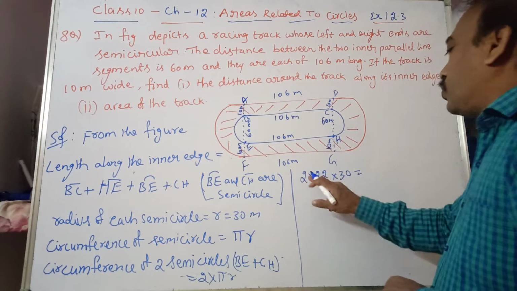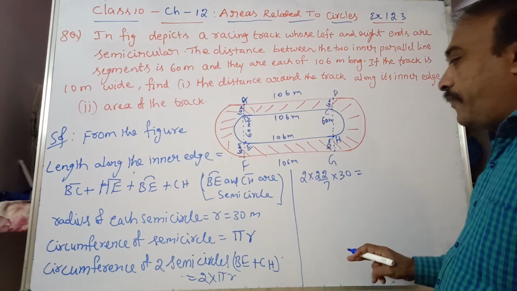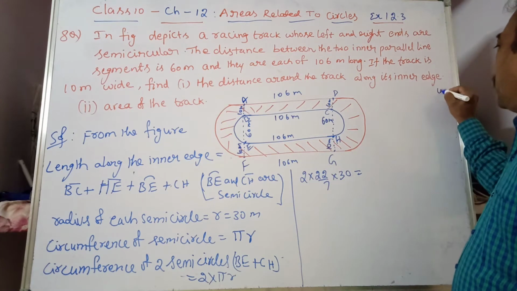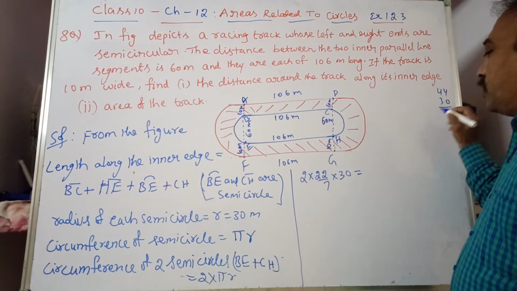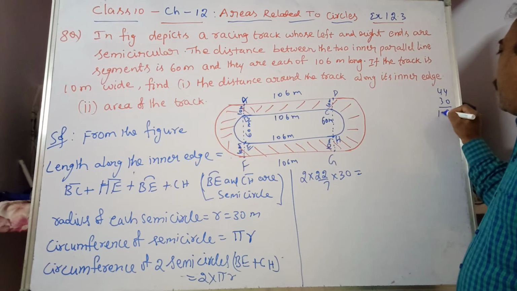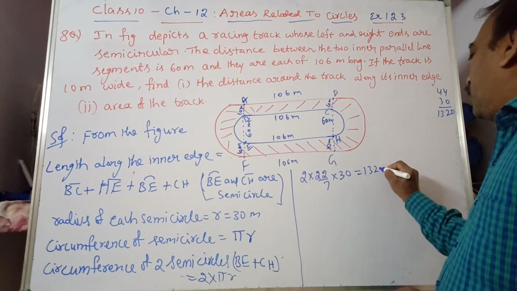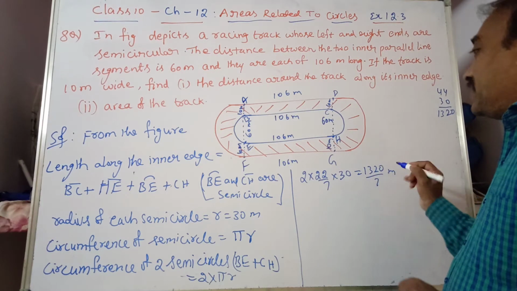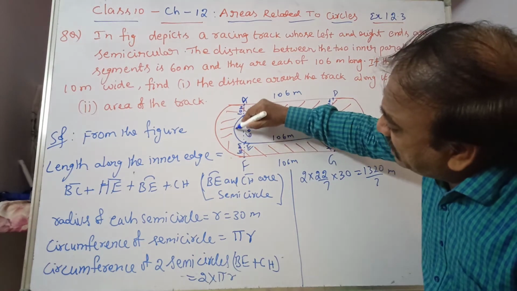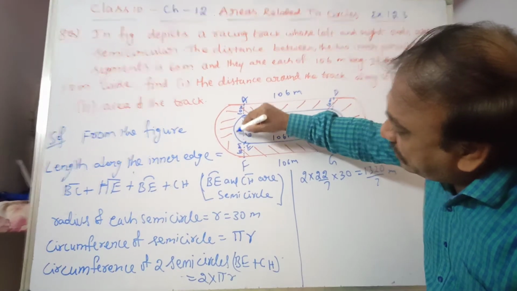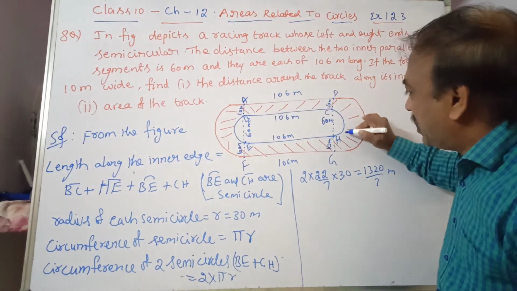So 2 into 22 is 44, 44 into 30 gives 1320/7 meters.